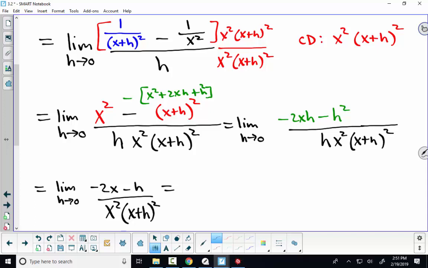Okay, so now as h goes to 0, we can compute this directly. What would that give us? Yeah, negative 2x up top.